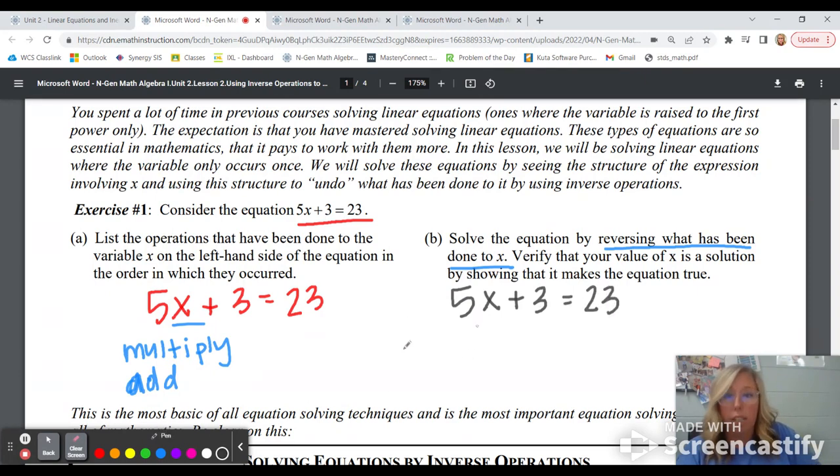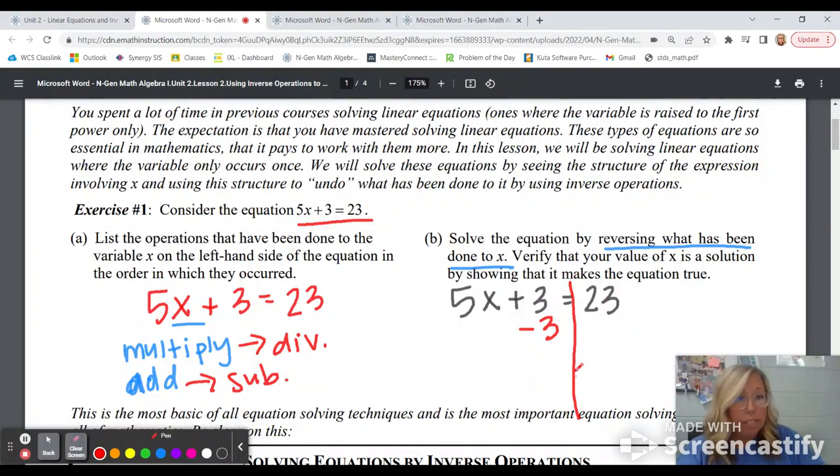In order to undo it, we go in reverse order. We're going to subtract, and we're going to divide. So subtract 3 to undo adding 3. Remember what you learned in middle school: whatever you do to one side of the equal sign, you do to the other. So subtract 3 on both sides.